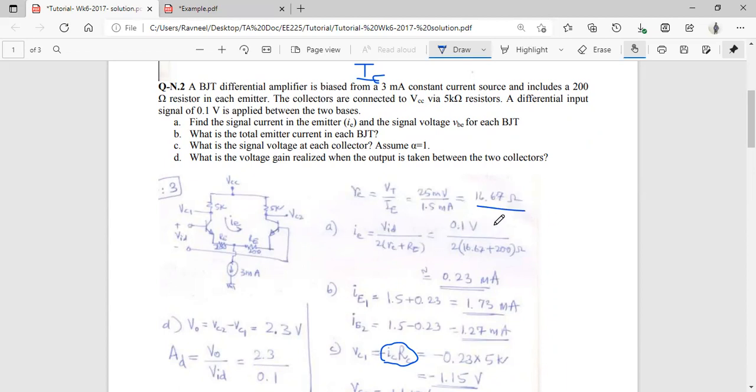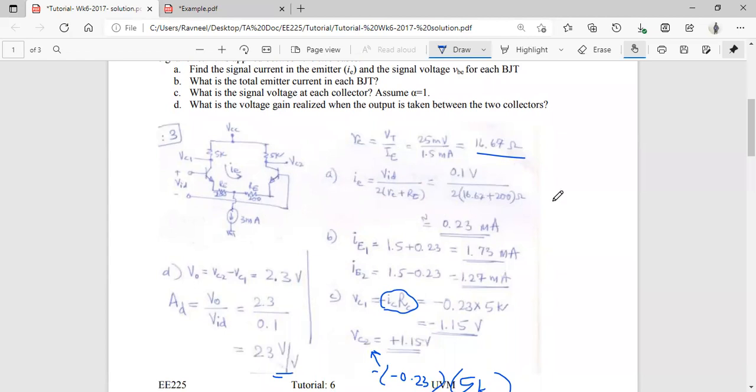That would be 0.1 volt, since our input differential voltage is 0.1 volt, divided by 2 times small RE, 16.67 ohms, plus our capital RE, the emitter resistance, which is 200. Evaluating this gives me 0.23 milliamps.